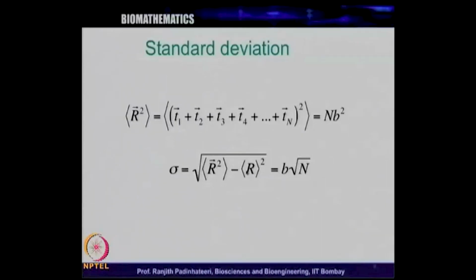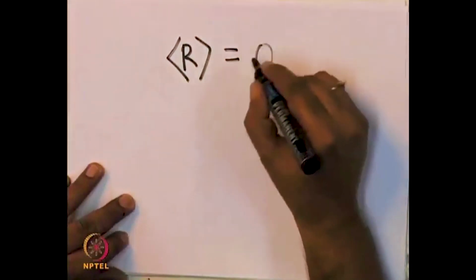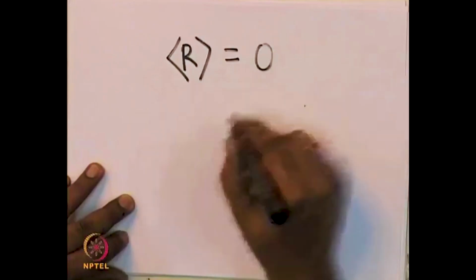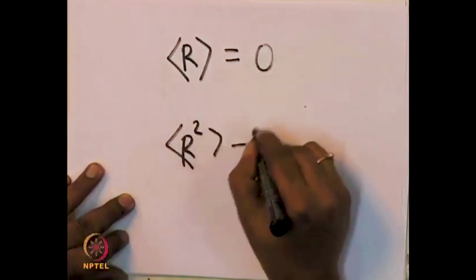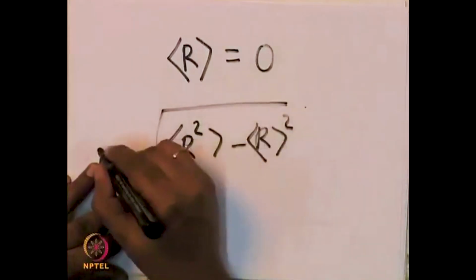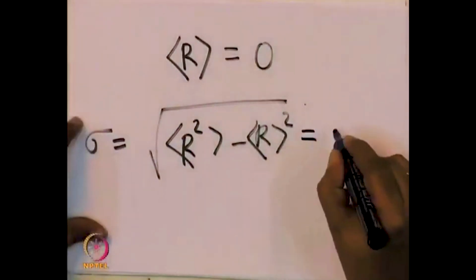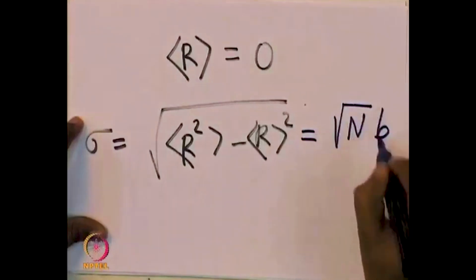We found that R average of a flexible protein, a random protein that can take a random configuration, will be 0, and sigma, the square root of R square average minus R average square, is square root of n times b.